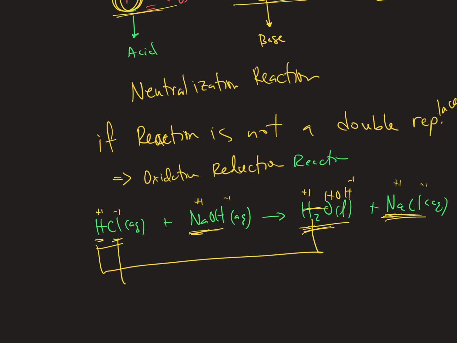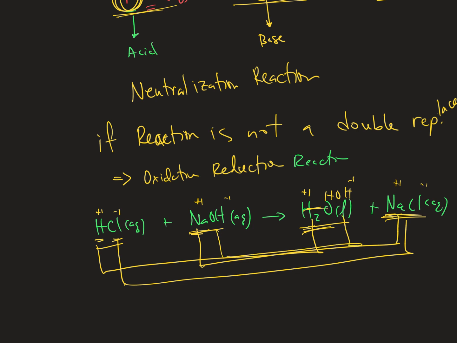What happens to chlorine? Stays the same. No transfer of electrons. Sodium, no transfer of electrons. Hydroxide, no transfer of electrons. Sorry, that's a -1. Since we don't have a transfer of electrons, this is not an oxidation reduction reaction.